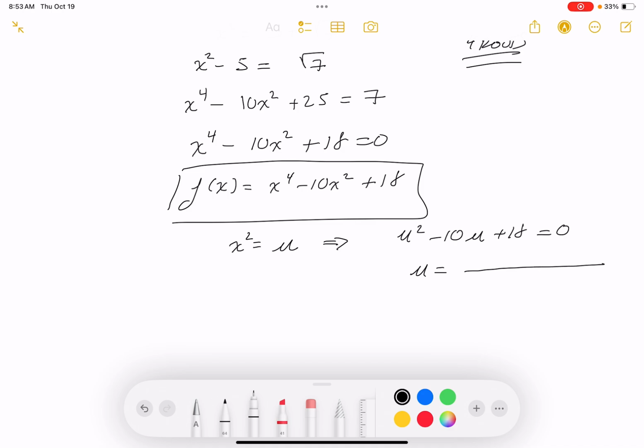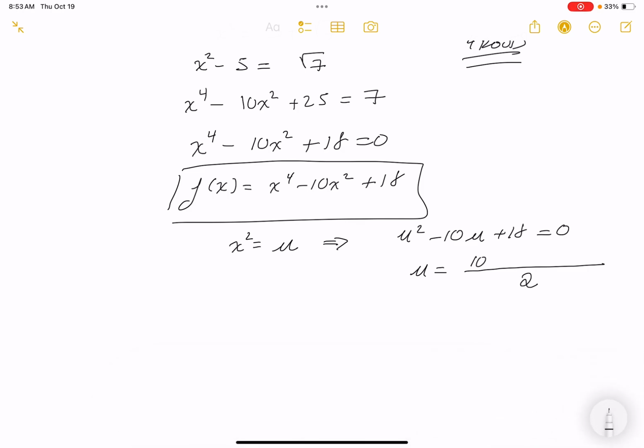So u equals, kind of painful. And what do you get there? You get 2 in the denominator, and then 10 plus or minus the square root of minus 10 squared, which is 100, minus 4 times 1 times 18.